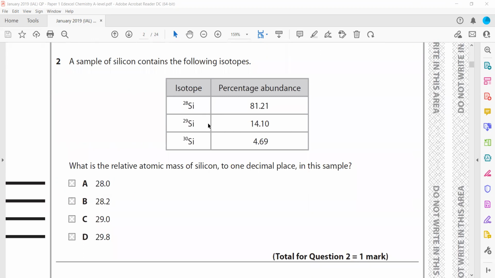A sample of silicon contains the following isotopes, with the percentage abundance of each. How can we find the relative atomic mass from the percentage abundance?